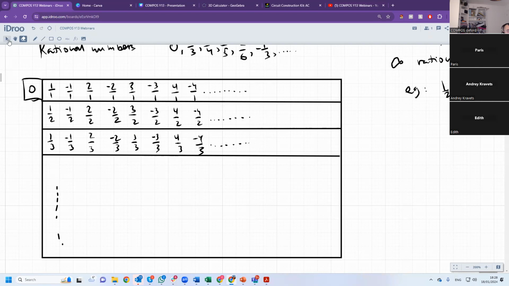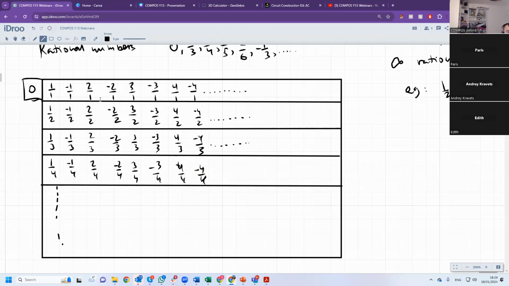I want to do one more row. 1/4, minus 1/4, 2/4, minus 2/4, 3/4, minus 3/4, 4/4, minus 4/4. Right, now does everyone see that this table contains all rational numbers? Because rational numbers are all fractions, all the possible fractions you can think of. Yeah, happy with that?